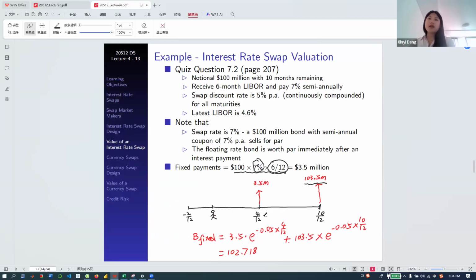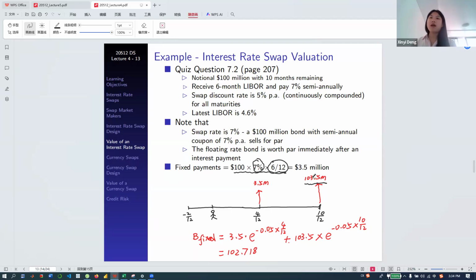So here we are using 3.5 times e to the power of minus r times T, that's minus 0.05 times T. Since that cash flow occurs 4 months later, T is just going to be equal to 4 divided by 12.